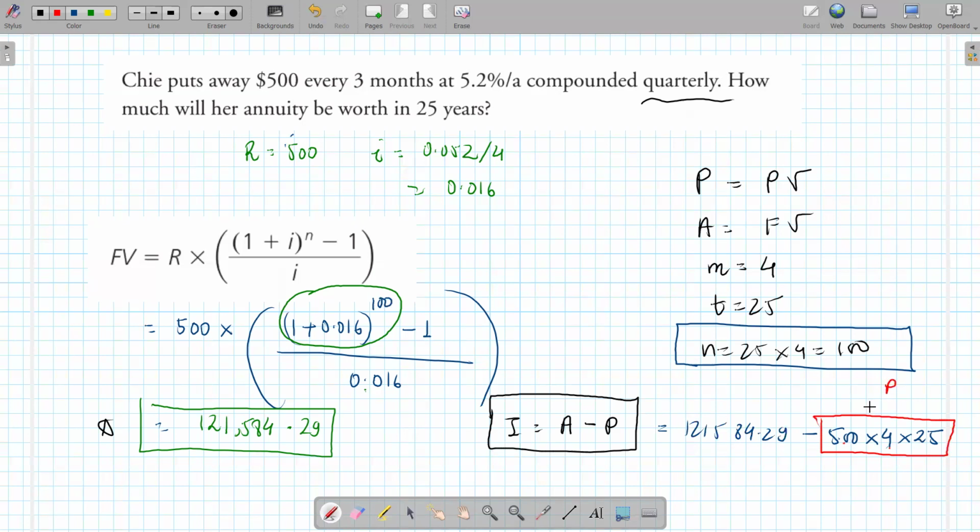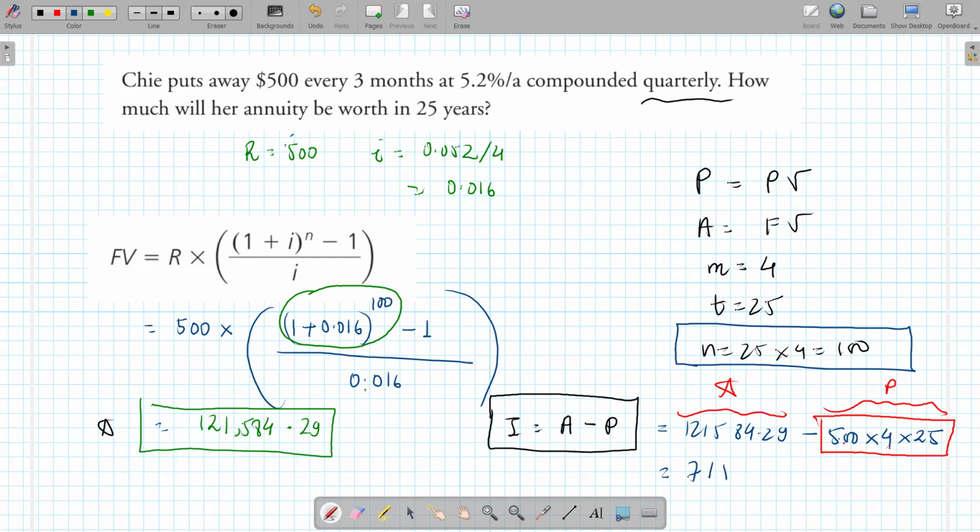This is your principal, the flat amount of money that you've put in. This is your amount, what it became after 25 years. The answer is just going to be this minus this, and that's going to be the interest earned. So that minus 500 times 4 times 25.